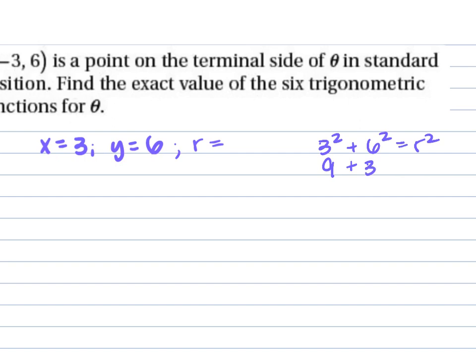The 6 squared is 36. If we add these, we get 45. So we have 45 is equal to r squared. We take the square root of both sides. That 45 is going to be 5 and 9. The 9 is 3 and 3. So that r is going to be 3 square root 5.